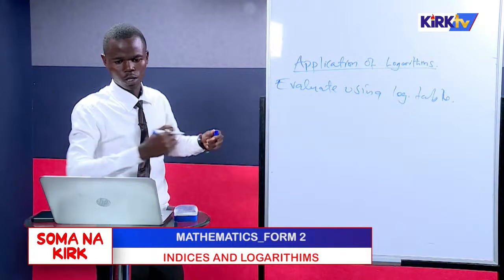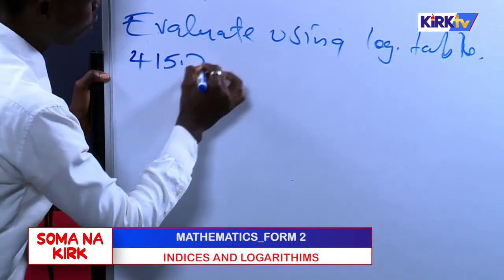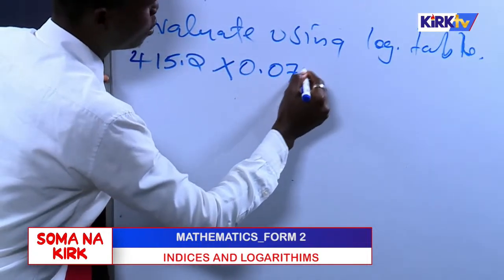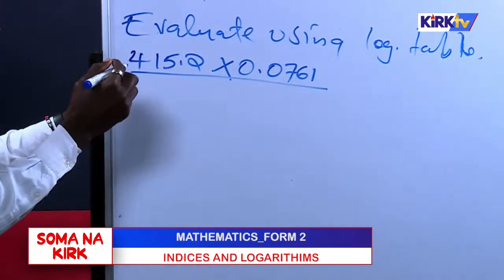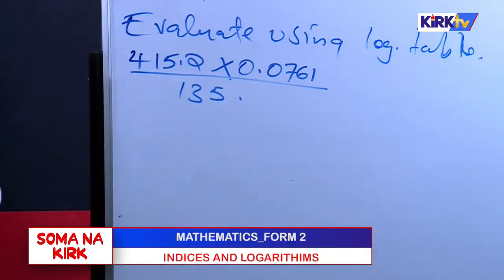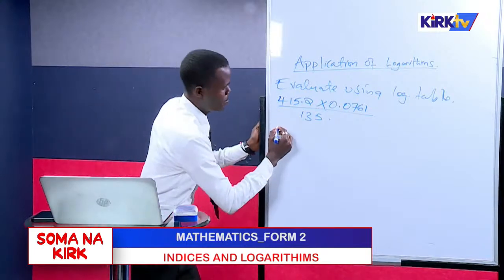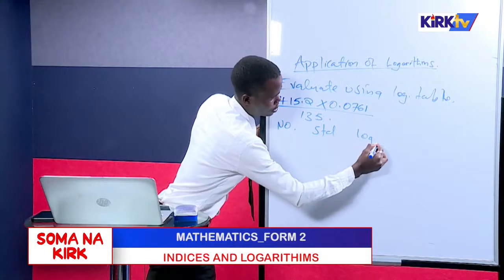And our final example will be 415.2 times 0.0761, divided by 135. Now, from there, we just use the normal procedure, which is the number, the standard form, and finally the logarithm.